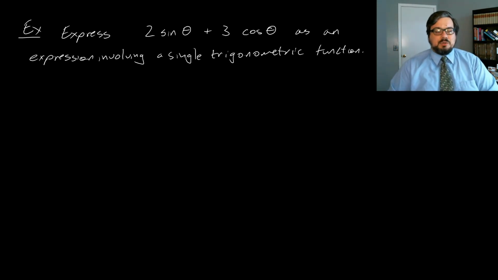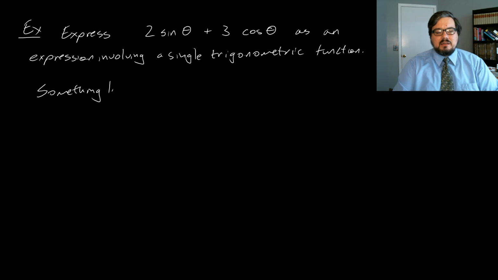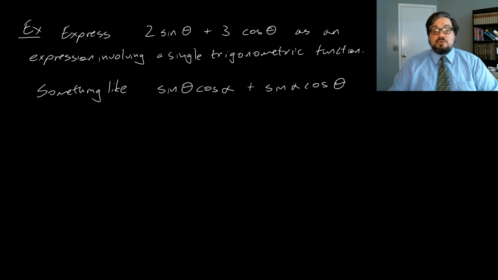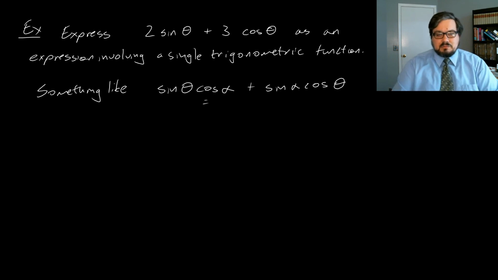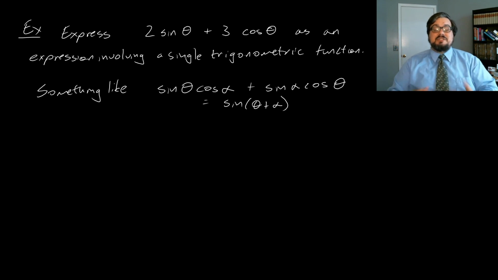What we would like to do is manipulate this expression algebraically in order to get it to look something like sine theta cosine alpha plus sine alpha cosine theta, something like that, in order to use the addition formula for sine, for instance. This would be sine of theta plus alpha. That would be just a single trigonometric function.